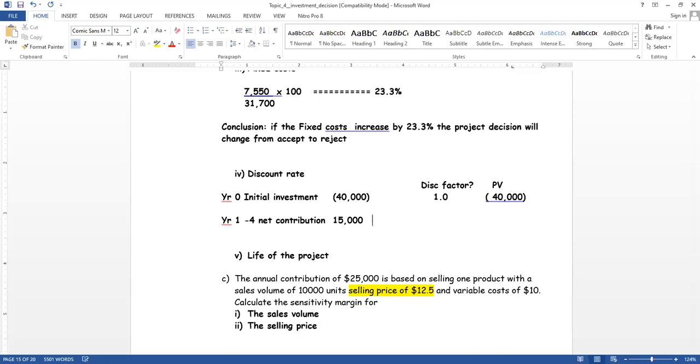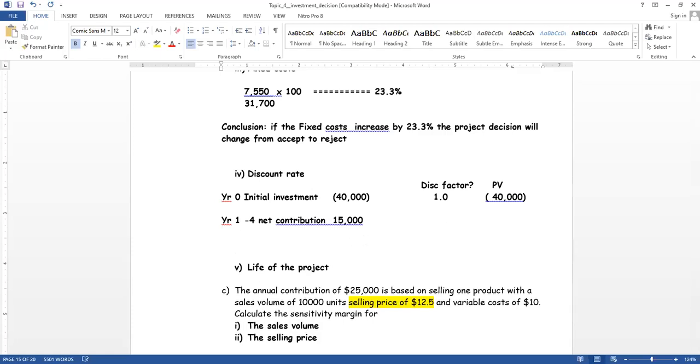But I don't know the discount factor, but I want the one that gives me my NPV equaling 0. Okay, the one that gives you NPV equal to 0. So what does it imply?